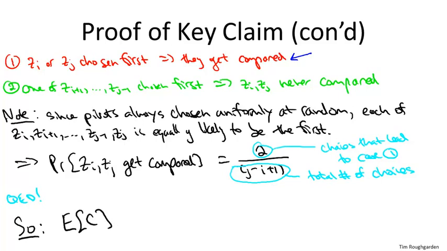Putting it all together, what we really care about, the average number of comparisons that quicksort makes on this particular input array of length n, is just this double sum, which iterates over all possible ordered pairs i, j. And what we had here before was the probability of comparing z_i and z_j. We now know exactly what that is, so we just substitute.